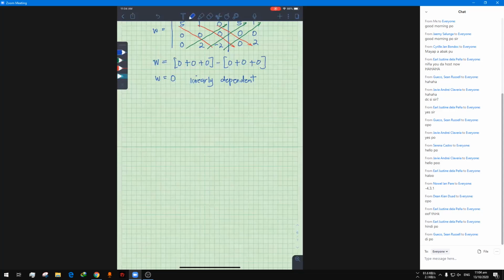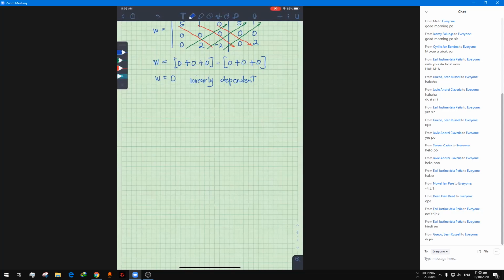Then ang pangalawa, we've determined whether those are linearly independent. Wala tayong mabuo or makakuha ng value ng C na mag-equal siya sa 0, so making it independent.